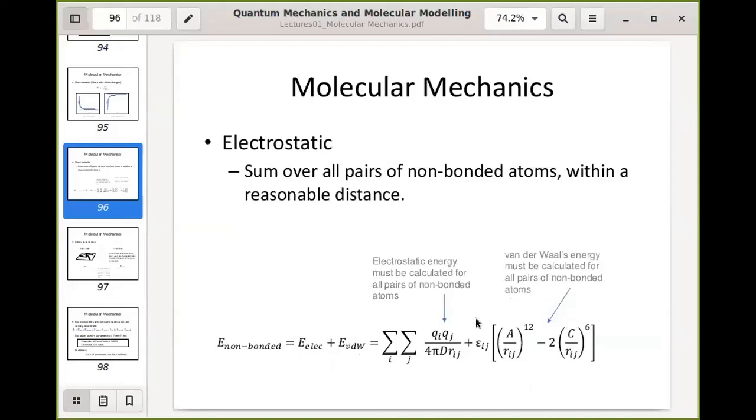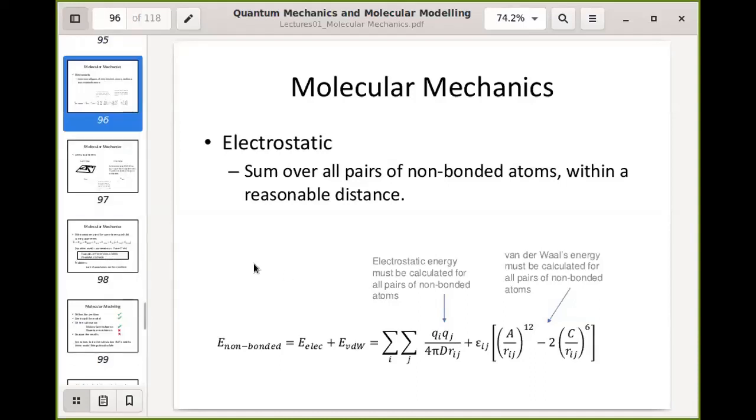And you'll see that this is just the Lennard-Jones that I had on the other side, and this is just the Coulombic I had on the other side. So this perhaps is not necessary in principle to put down. What I really want you to know is that it's a sum of electrostatic, which is a sum over all pairs, and the van der Waals is a sum over all pairs.